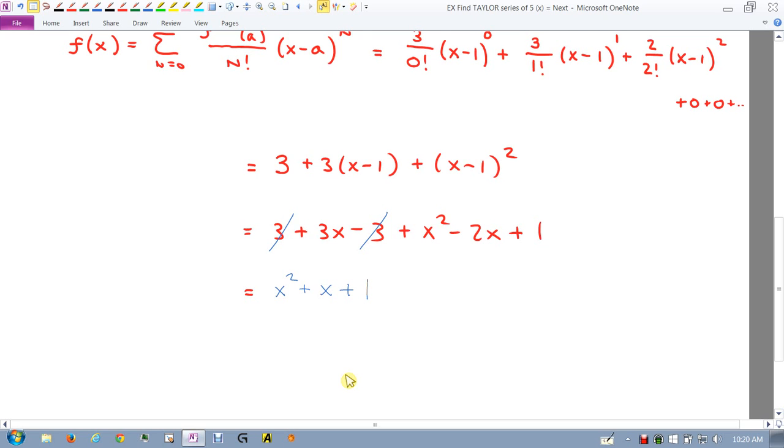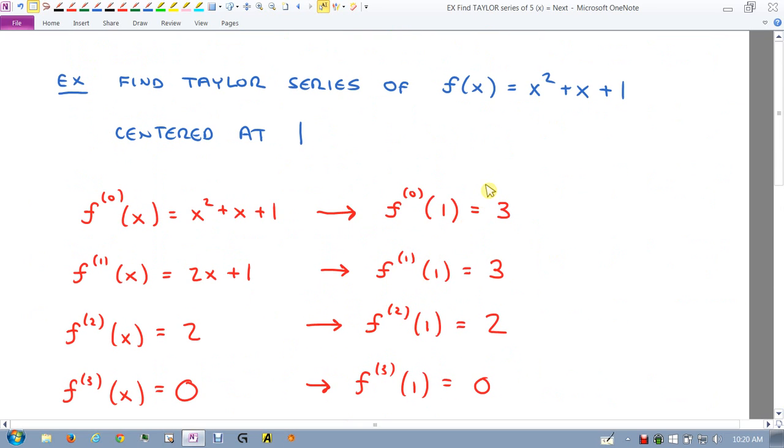And that kind of makes sense because, let me try and help you see this in a bigger picture. We have a function, and we are trying to figure out how this function behaves near 1. So we're trying to figure out a power series that will help us figure out the behavior of this function near that value of 1. And the formula for the Taylor series says, you know what?